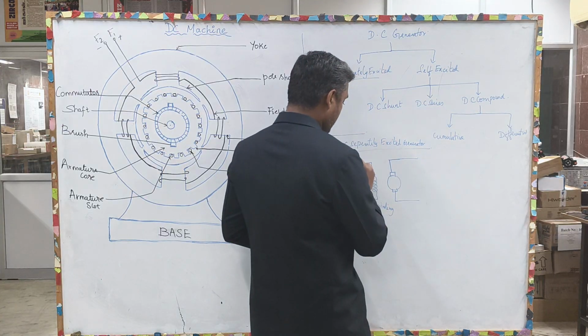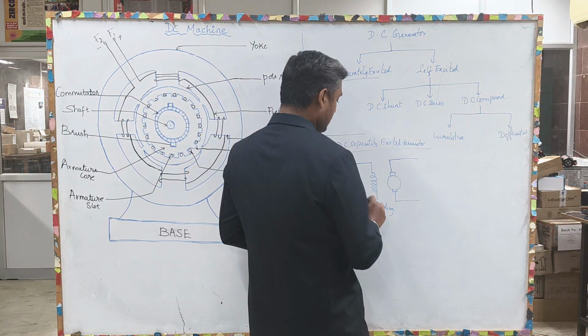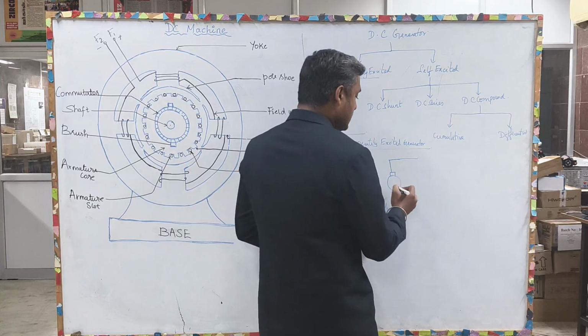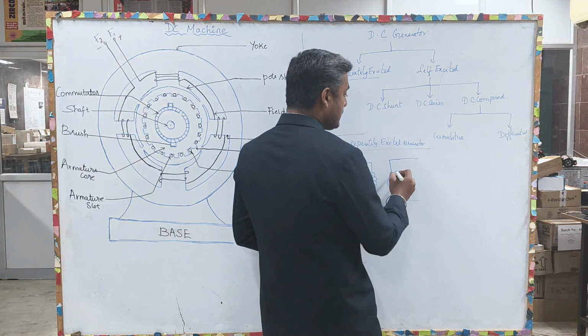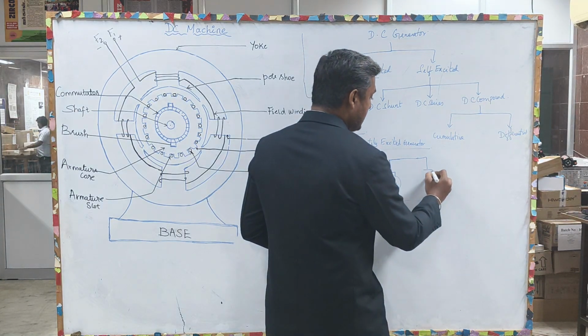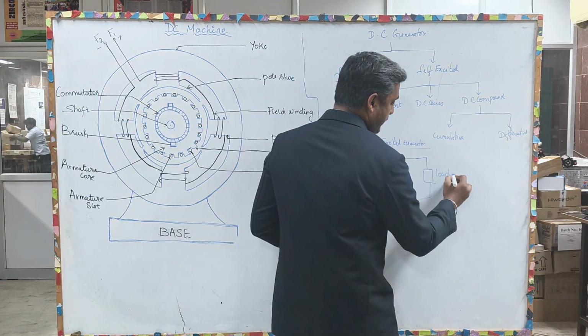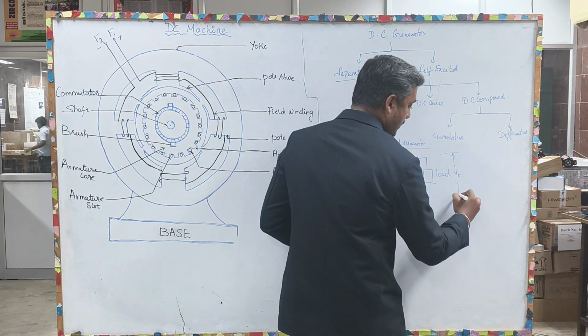Supply voltage is given separately for the field winding, and in the armature winding you will produce the generated EMF. It is given to the load, where you will have the terminal voltage.